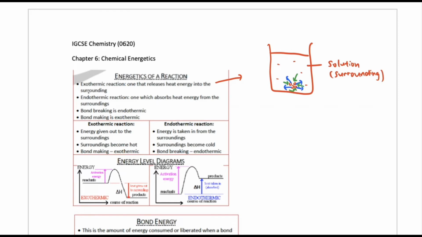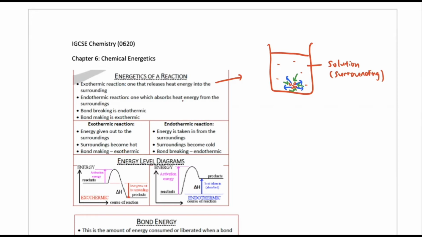Okay, so next point, bond breaking is endothermic. So this should be reasonable. If you want to break the bond, you need to absorb energy, then they use the energy to break the bonds. That's why bond breaking is endothermic.